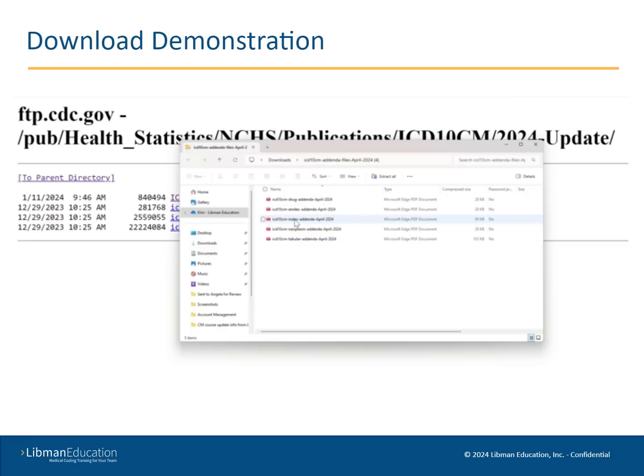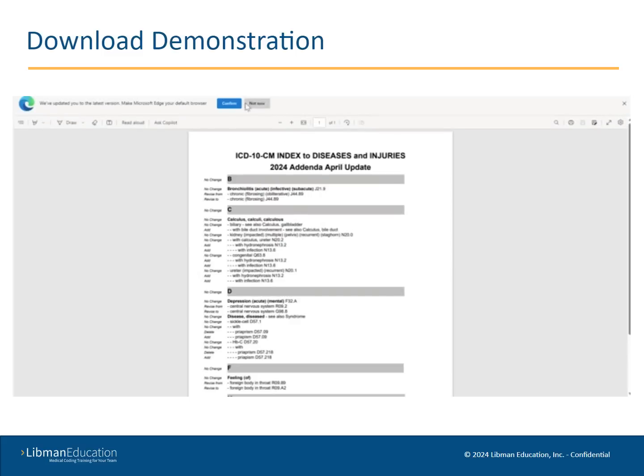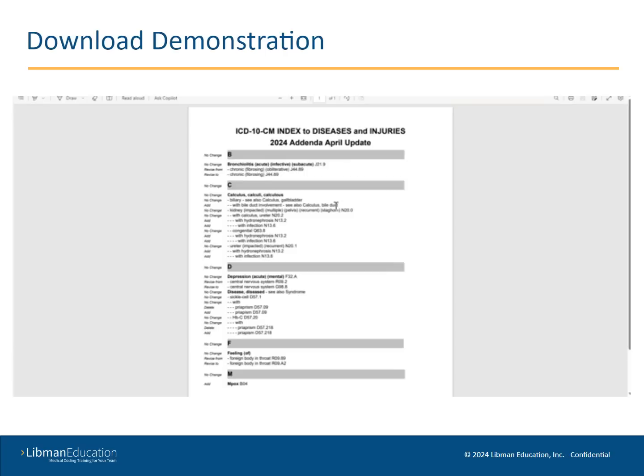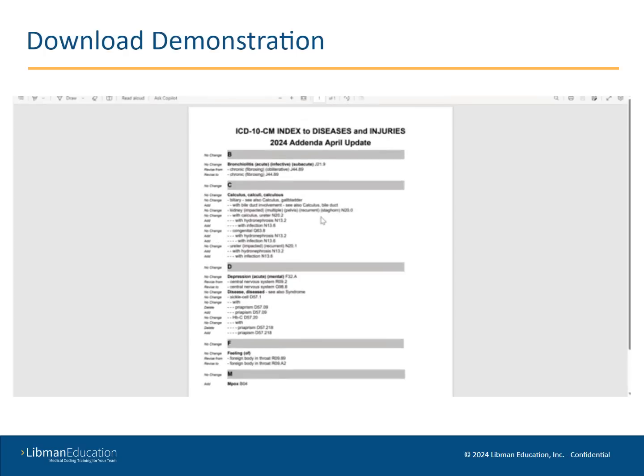So if we go here and click on the index, it will open up the index, and you will be able to scroll through and see the changes that have been made for April 1st. You can save this to your computer, and again, be sure to name it April 1st, 2024.